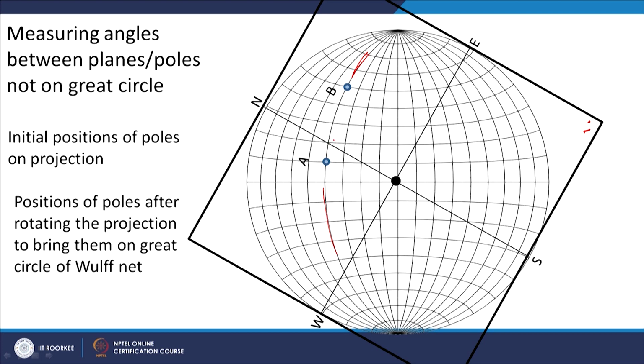It will be 10, 20, 30, 40. So, 40 degrees is the angle between the two poles, A and B, here. And you can then bring it back to the original position, there is no harm, because once we have measured the angle we know the angle between the two poles A and B.